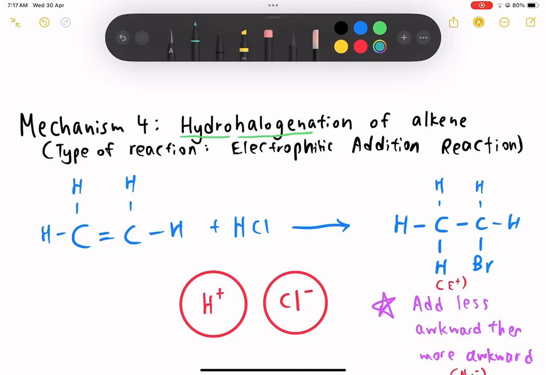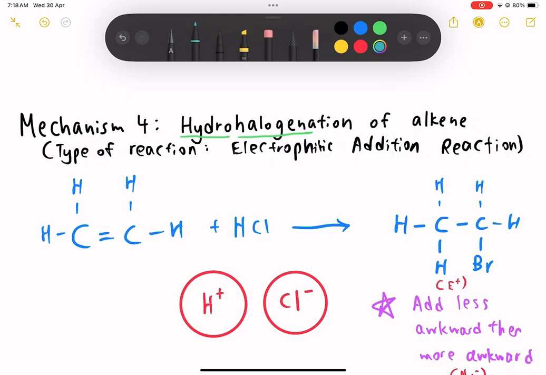Good morning everyone. So today we're going to look at the fourth mechanism, which is known as hydrohalogenation of alkene. It is a type of electrophilic addition reaction.